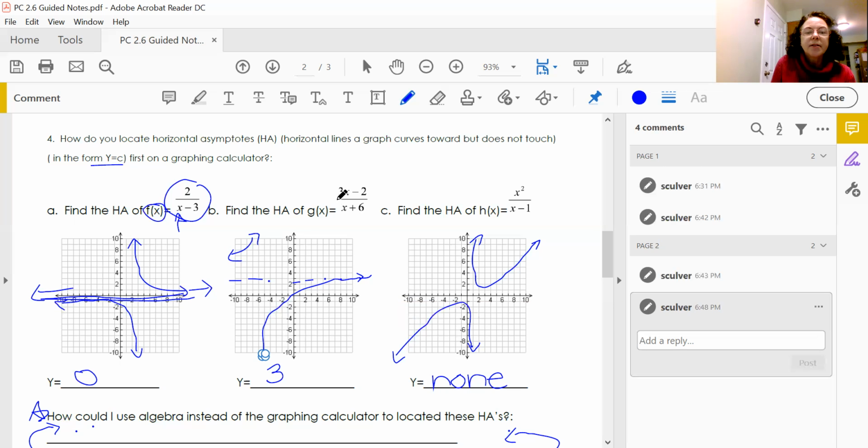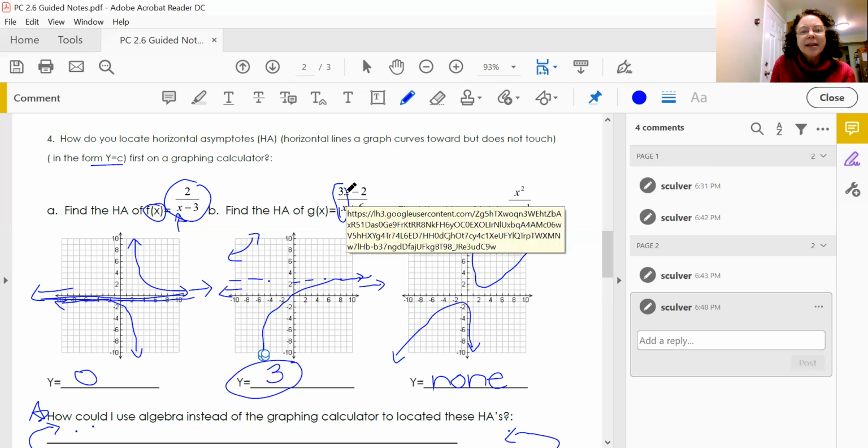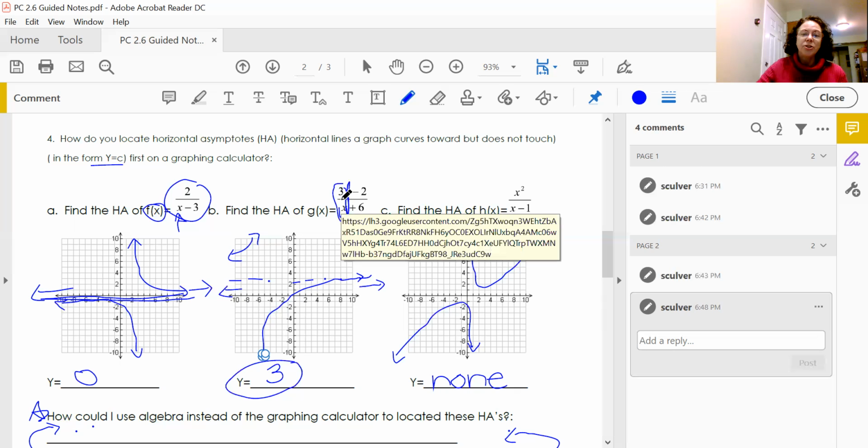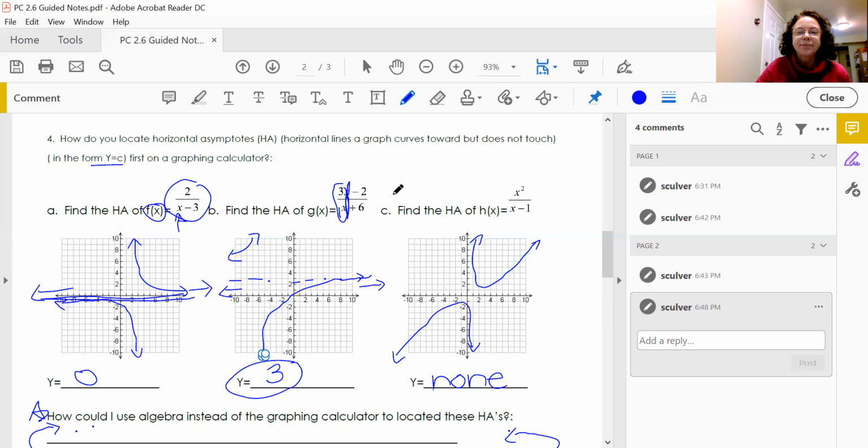So the degrees of the numerator and denominator are equal, and so we are going to divide the leading coefficients. 3 divided by 1, notice that's where we found the horizontal asymptote. Why is that true? Because as a function flattens out on the ends, as x gets very, very large or very, very small, they tend to cancel each other out because they're the same power, and it just leaves the ratio of the leading coefficients.